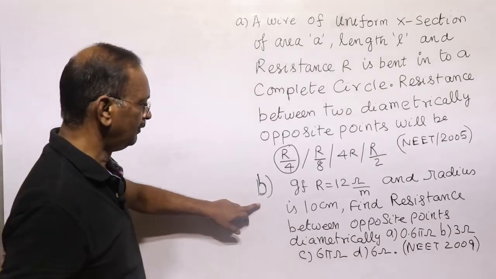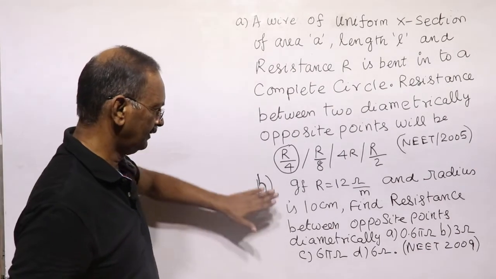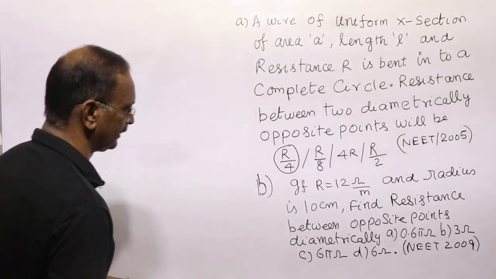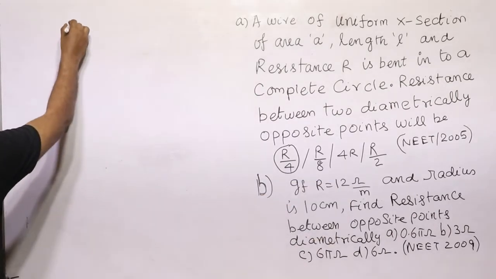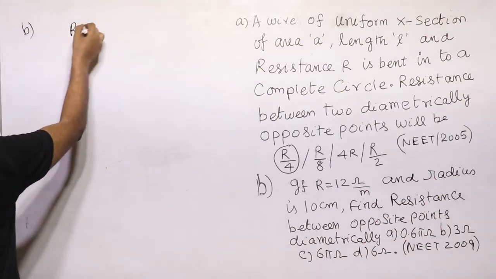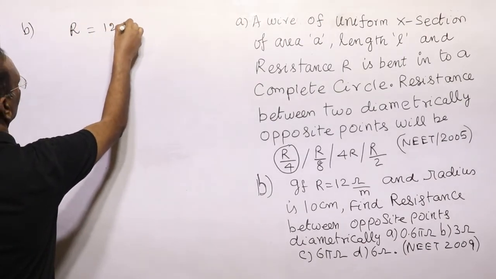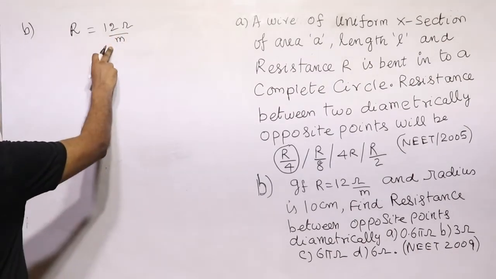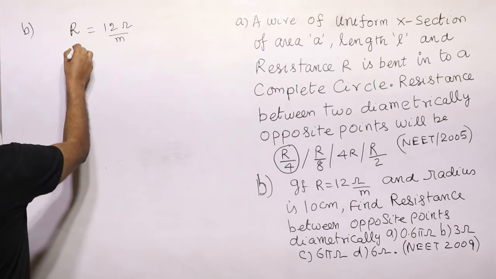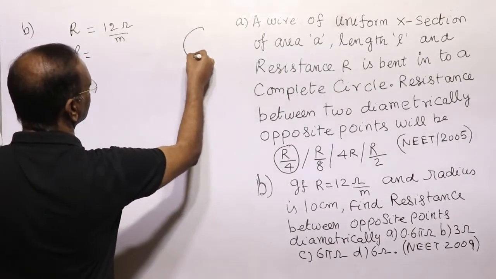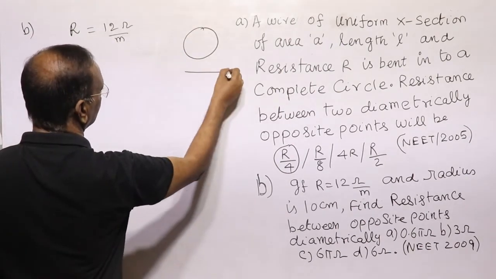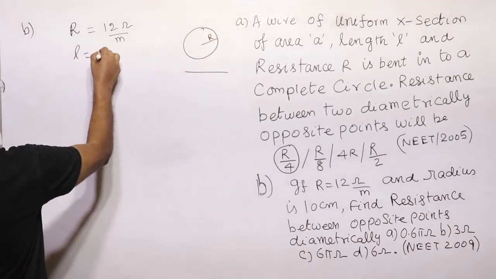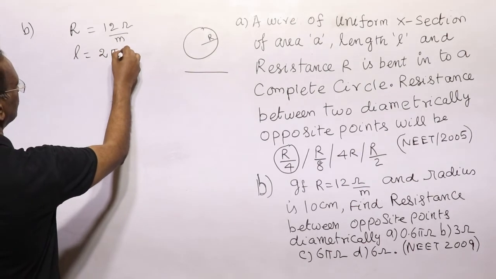Now problem B: same setup, but here the resistance per unit length and the radius are given. The resistance is 12 ohm per meter, meaning 12 ohm for 1 meter. The length of the wire is 2 pi into radius.